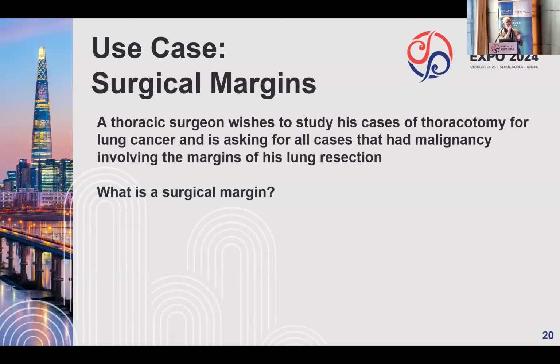It's the boundary between what was in the specimen and what's still left in the patient. And if there's tumor that is seen microscopically in that margin, that's a bad thing, because that means that there is still cancer in the patient. So the thoracic surgeon is looking for all of his resections that were not optimal.